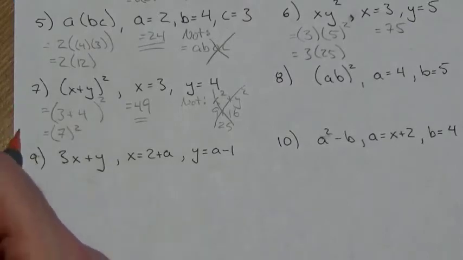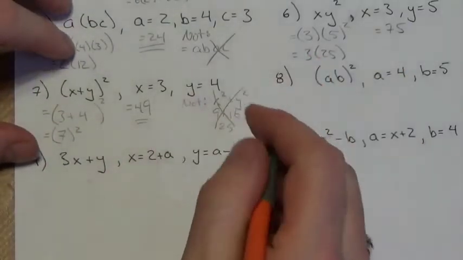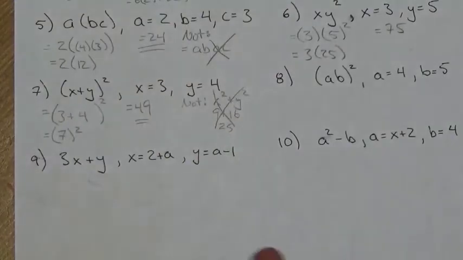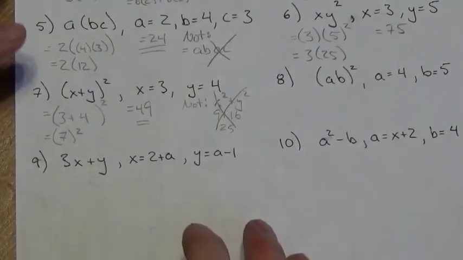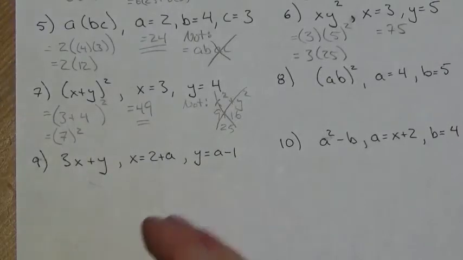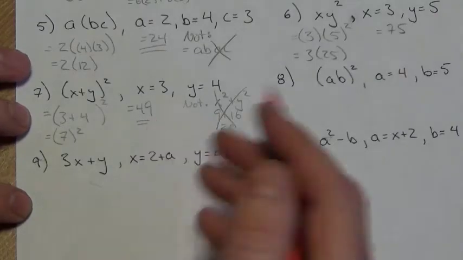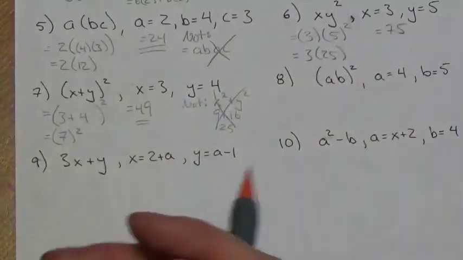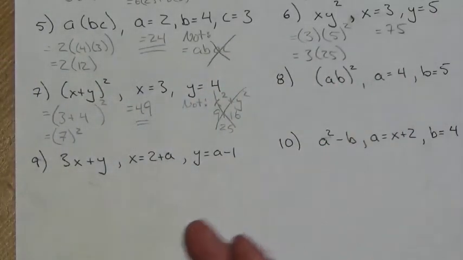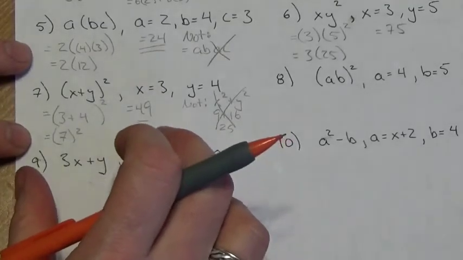Now, I'm not throwing these examples out here of what not to do to confuse you. I'm trying to address very common mistakes that get made here, and hopefully if you recognize, oh yeah, I do that, this will reinforce the proper way to apply the order of operations.